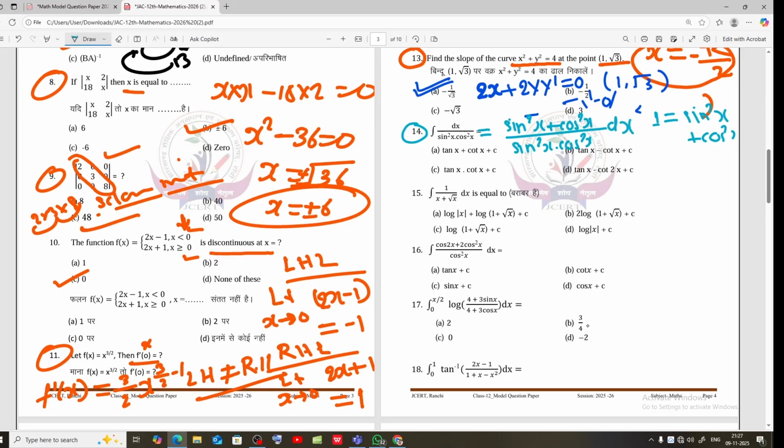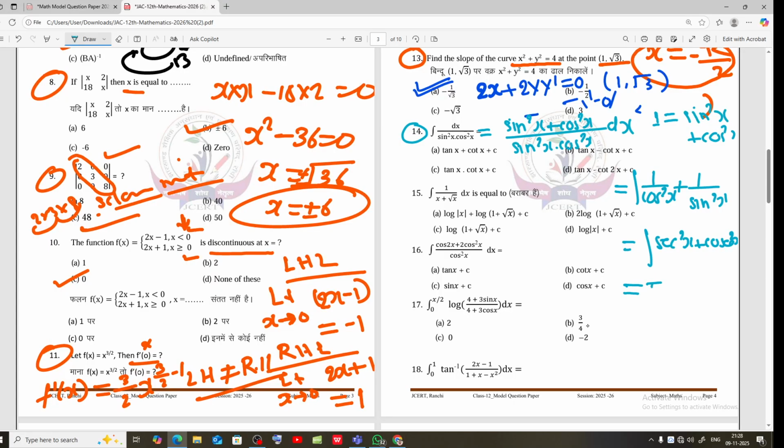First we divide sin square x by sin square x cos square x. We obtain 1 by cos square x, and also cos square x divided gives 1 by sin square x. This is 1 by cos, that is sec square x, and 1 by sin, that is cosec square x.